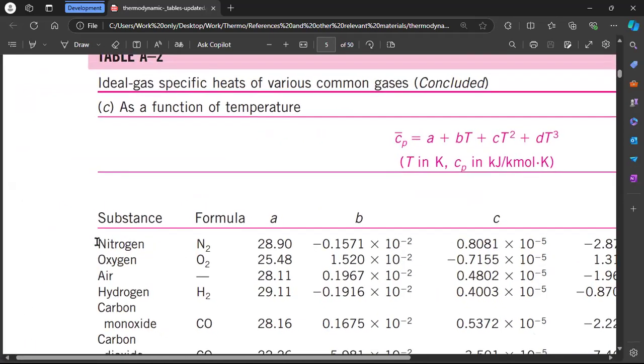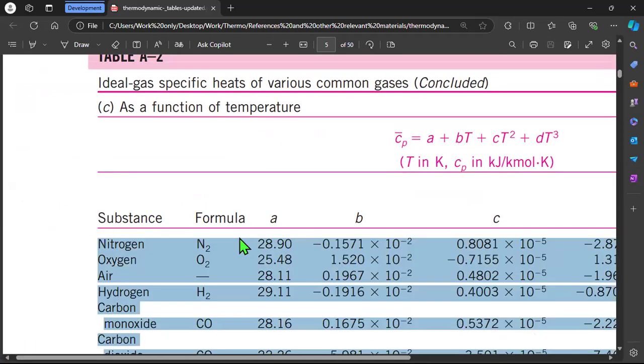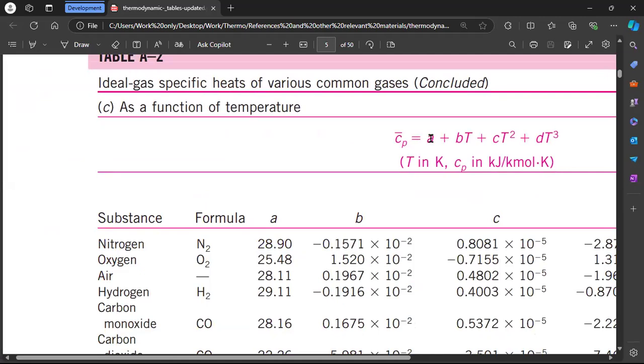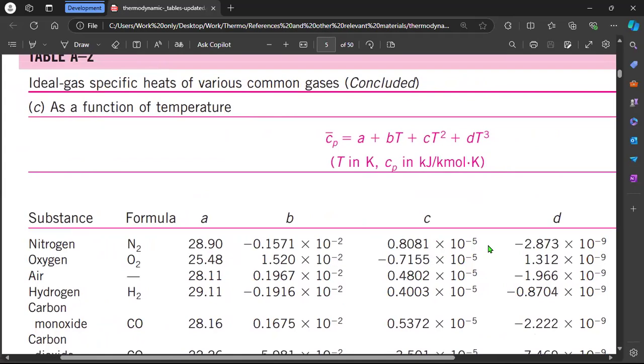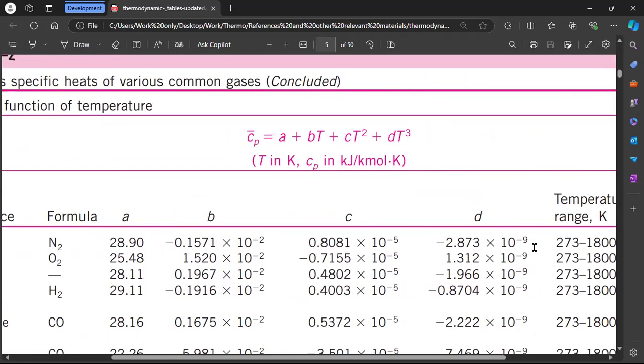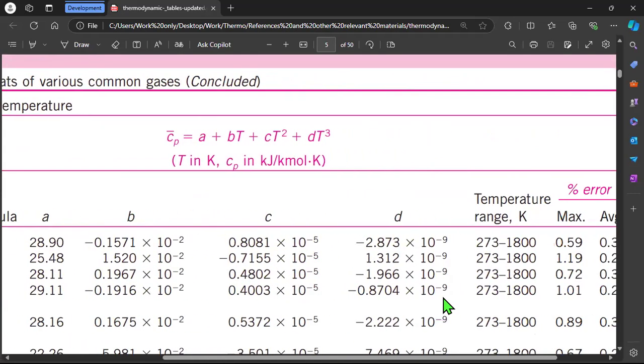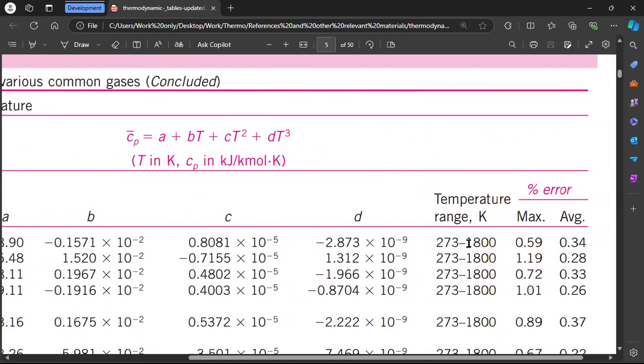So if maybe I'm looking at nitrogen, the value for A, I'll put that in there. The value for B, I'll put that in there. The value for C, I'll put that in there. The value for D, I'll put that in there. And mind you, these constants also work in a given temperature range, right?